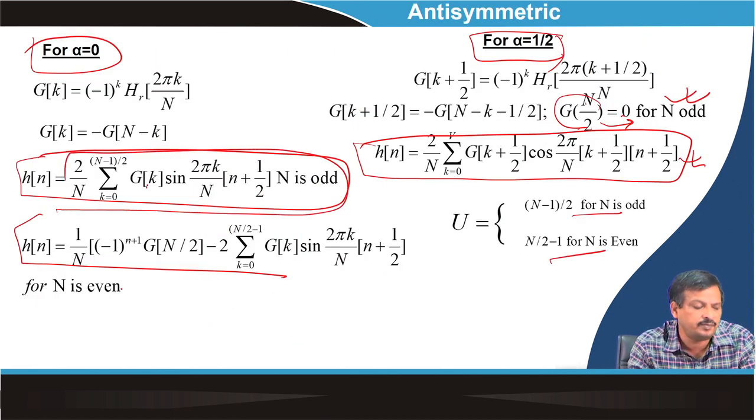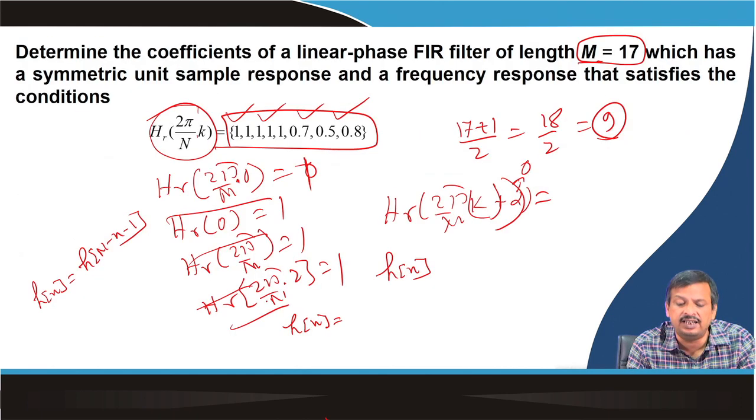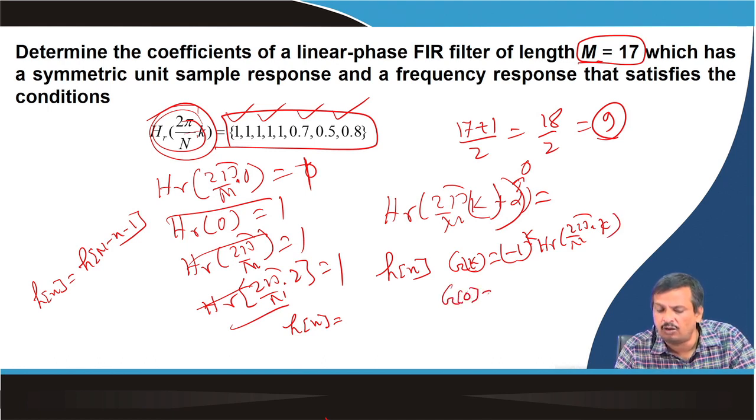What is G(k)? G(k) is minus 1 to the power k into H_r(2 pi k by N). So, what is G(k)? G(k) is equal to minus 1 to the power k into H_r(2 pi k by N). For k equal to 0, G(0) is equal to minus 1 to the power 0 into H_r(2 pi by N into 0), which is equal to 1.